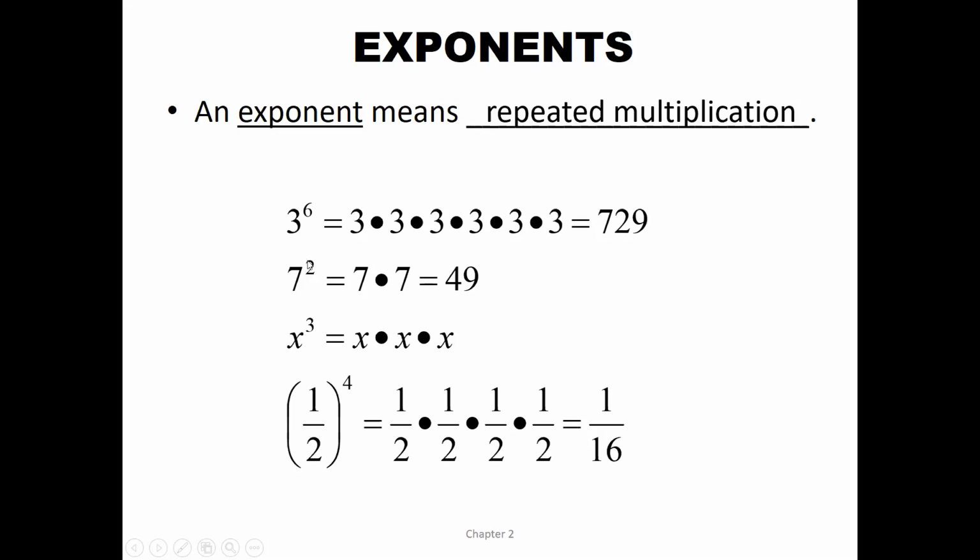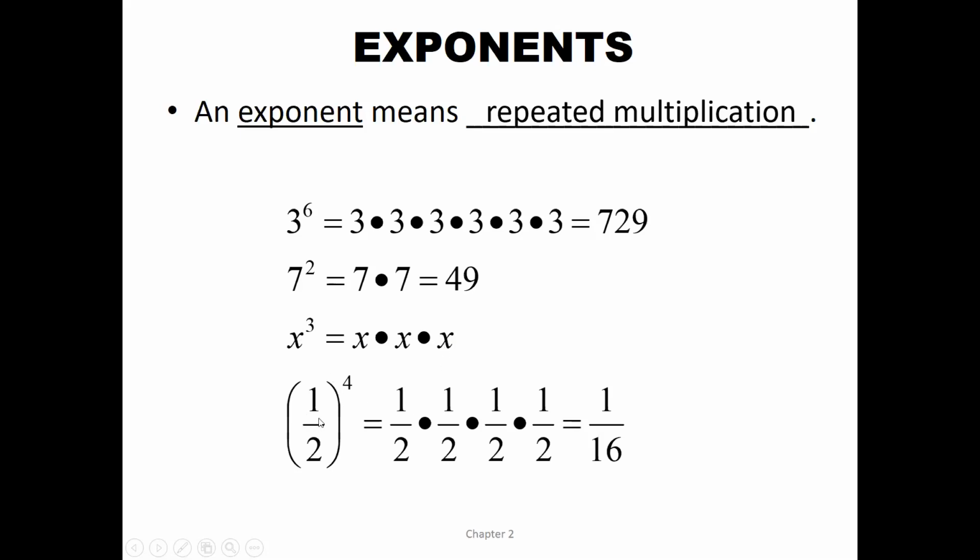When the exponent is a 2, we call it squared. It's just 7 and 7 multiplied, that's 49. 3 we call cubed, and we don't really have anything past this. So this is 3 to the 6th. We have x to the 3 is x cubed, that's x times x times x.